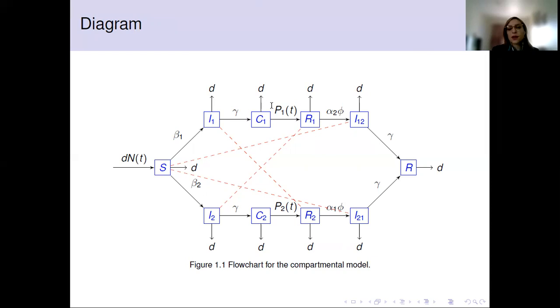After that, he has recovered from the first serotype, and then becomes susceptible to the other one. And here he becomes infected again by the second serotype. Then we are assuming that after these 2 serotypes, he recovers from all of it. He cannot become susceptible again.